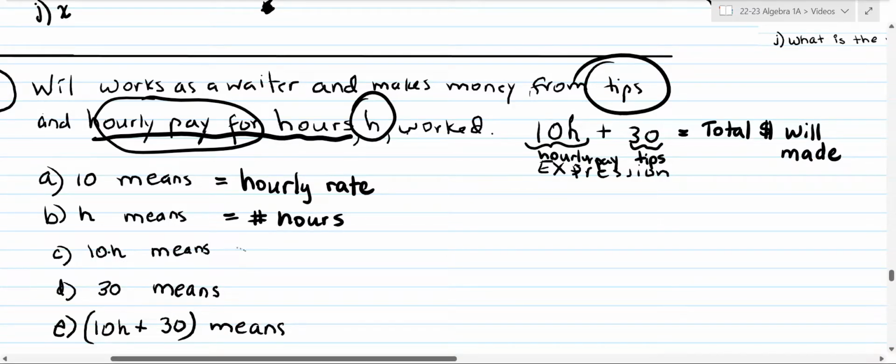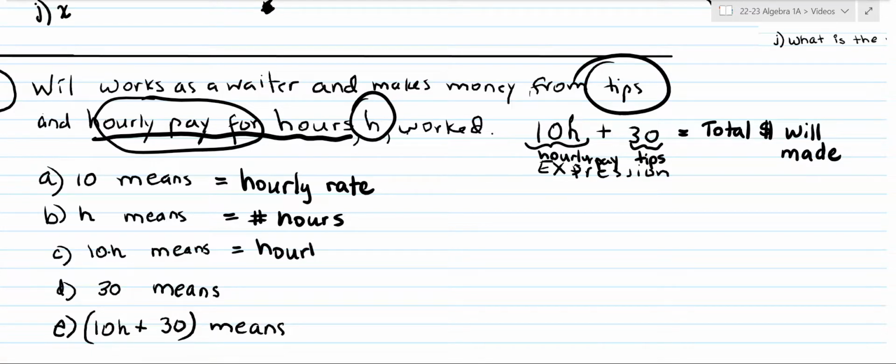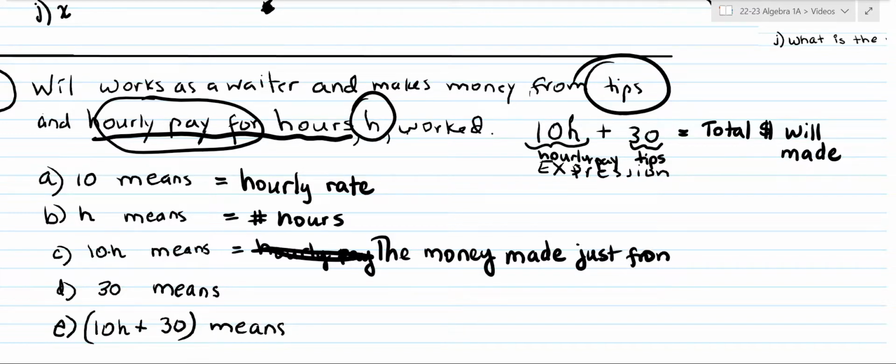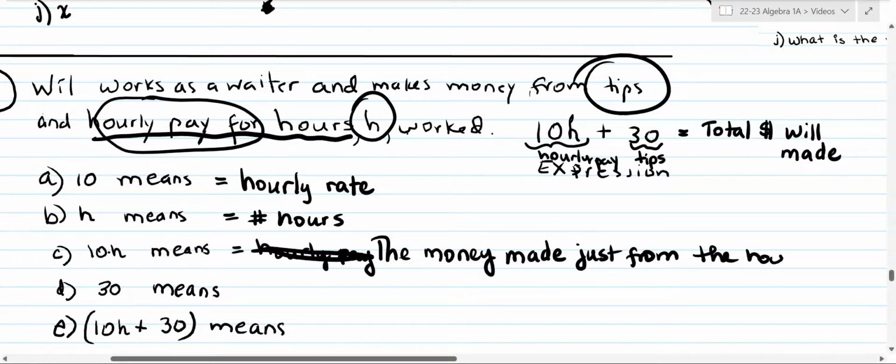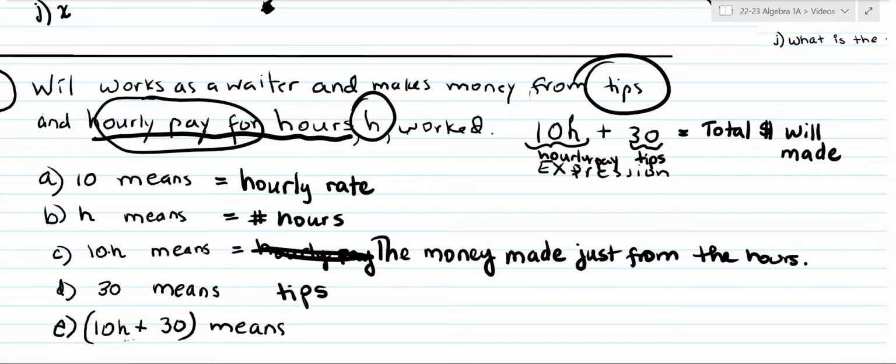When you multiply those two, you get the hourly pay, the money made from working hourly. $30 is the tips, and the whole thing, like I said, is the total amount of money that Will makes from the hourly pay and the tips.